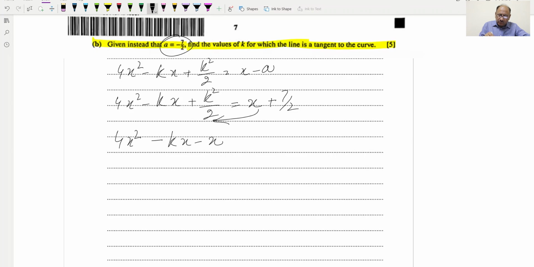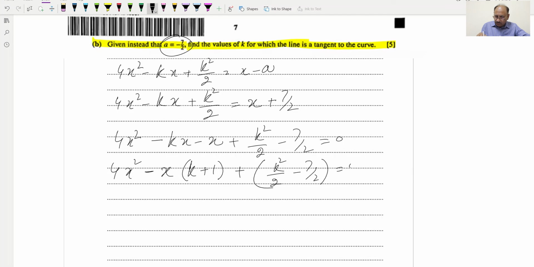We are shifting this to the other side, and constant terms we can write plus k square by 2 minus 7/2 is equal to 0. Now we can further rearrange it, taking minus x common, and inside will be k plus 1, and plus this constant we can write in bracket.